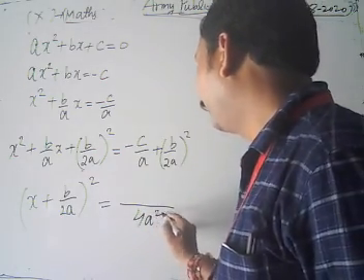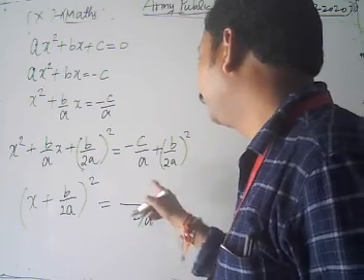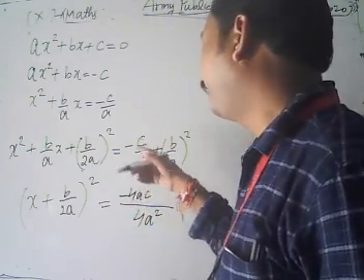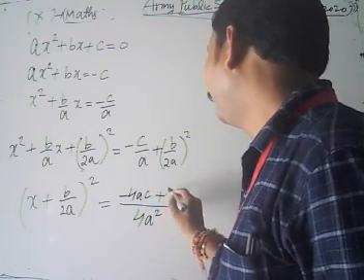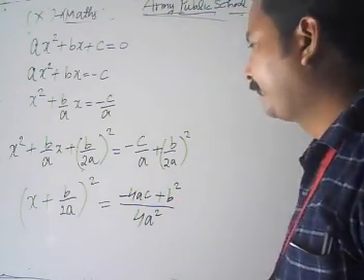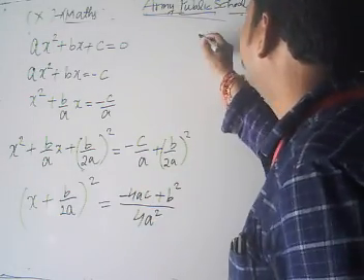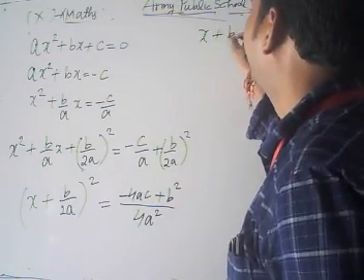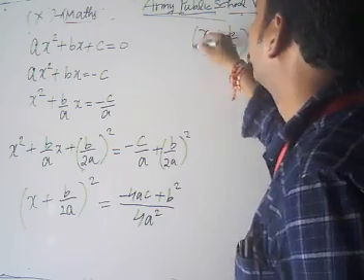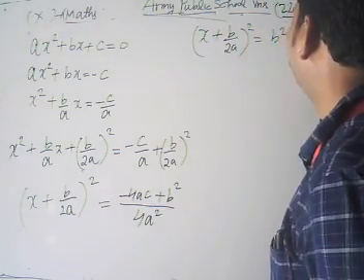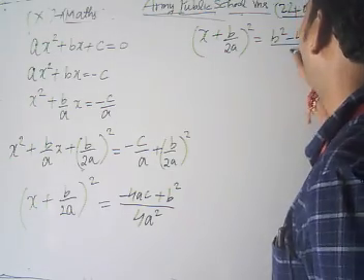Then we multiply with 4ac, then minus 4ac, and here we have plus b square. Now look, after rearranging we can write x plus b upon 2a whole square equal to b square minus 4ac upon 4a square.